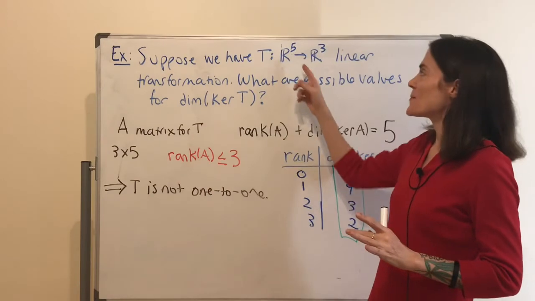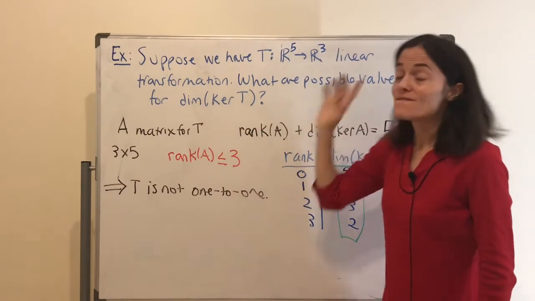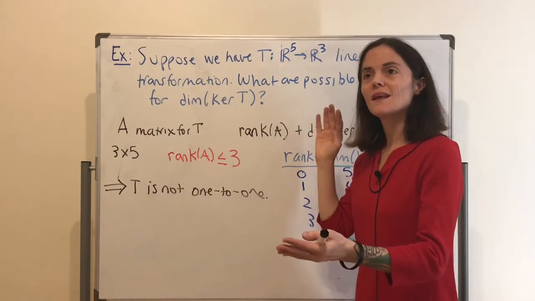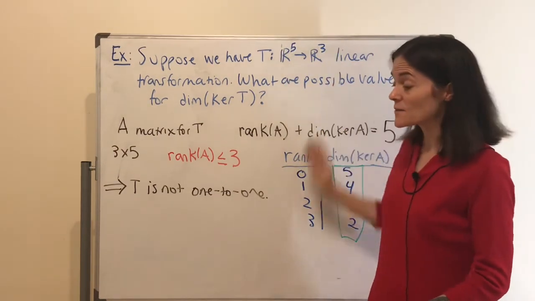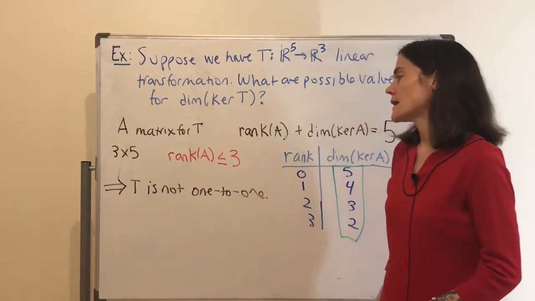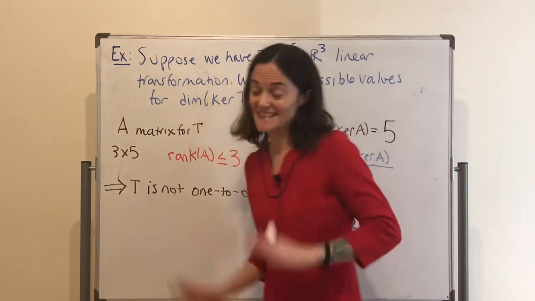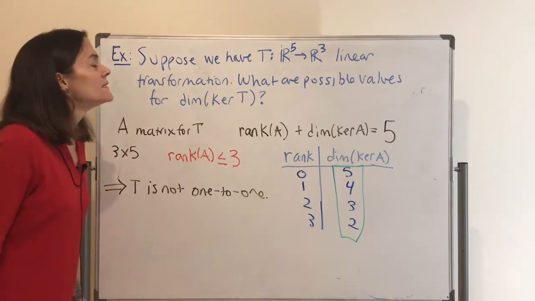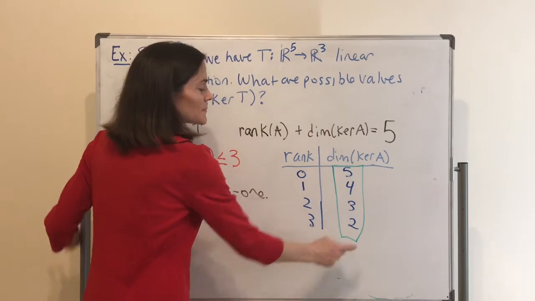You might remember if you have a finite set with 5 elements and a finite set with 3 elements, you can't have any 1-to-1 maps that go from a finite set of 5 to a finite set of 3. And it's a similar statement here, even though both of these are infinite sets and T is a linear transformation, but we cannot have any 1-to-1. T cannot be 1-to-1 because you see the kernel is going to have at least dimension 2.